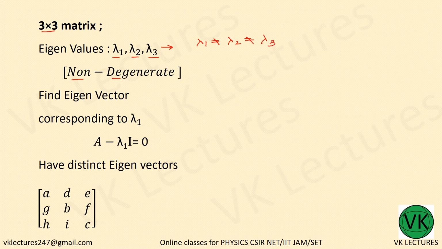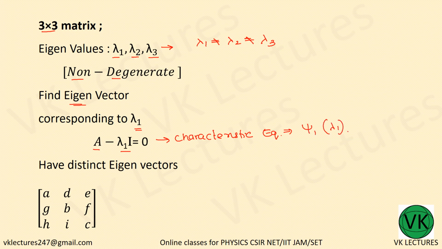Then the eigenvector corresponding to lambda 1 can be found by using A minus lambda 1 I equal to 0. This is the characteristic equation, and by solving this you will get psi 1 corresponding to lambda 1.